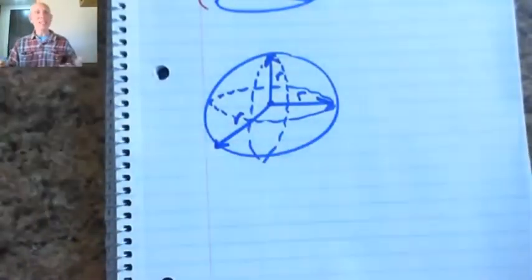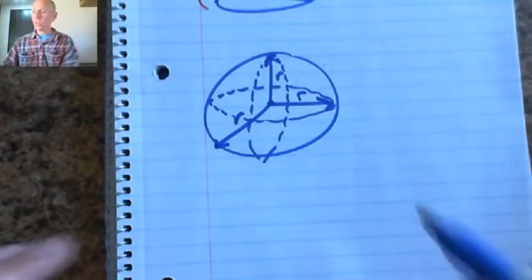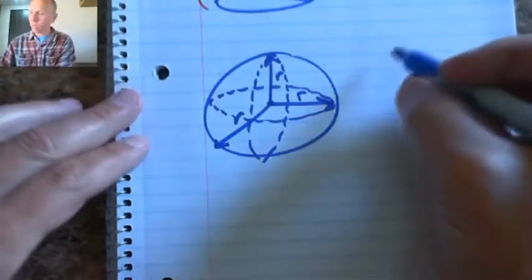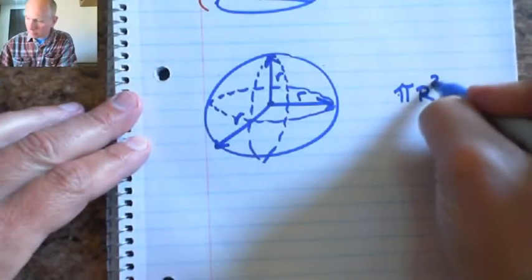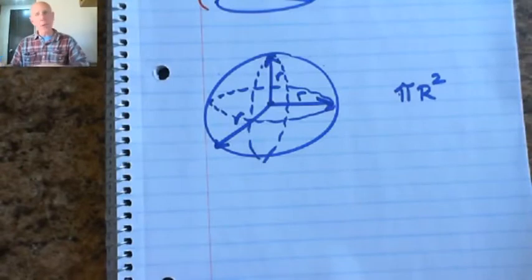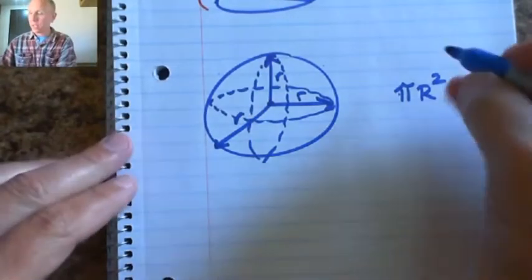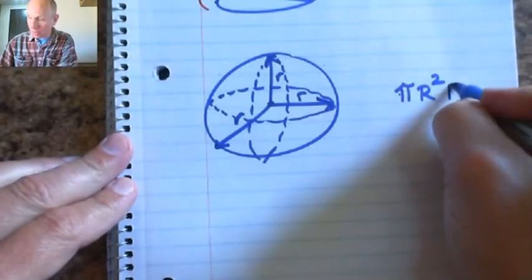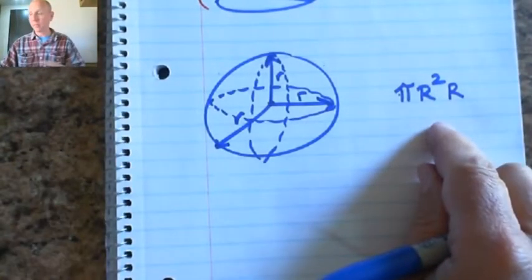So the radius actually is going to be used as the height. So what we're going to start with here is the circle again, which is pi r squared. Now, normally we would have a height, but we don't have a height. What we have is another radius, the vertical radius. So I'm going to use another radius here.